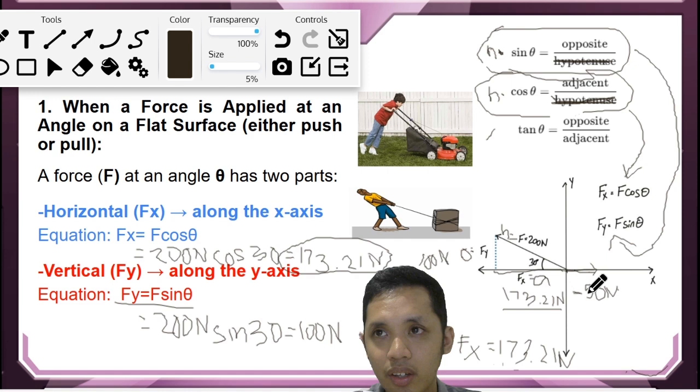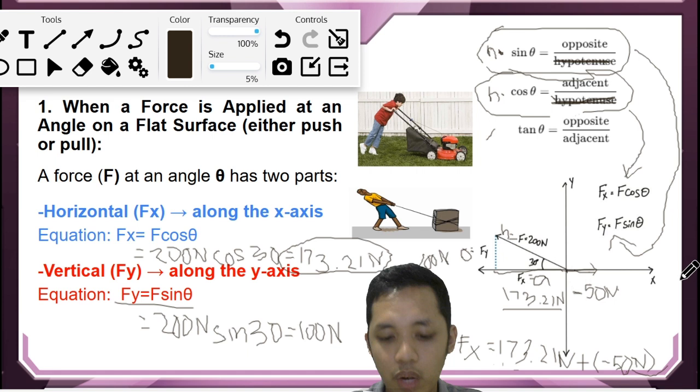Now, since we have a friction force here opposing the motion of this object, then we have to add it. So we have plus negative 50 newtons, so we get the resultant vector or the net force.